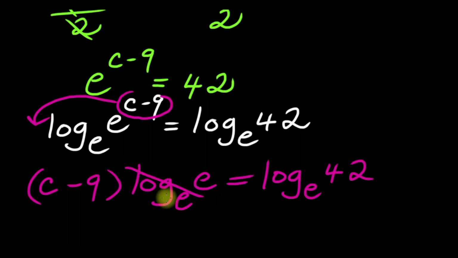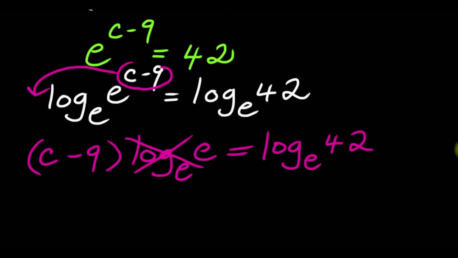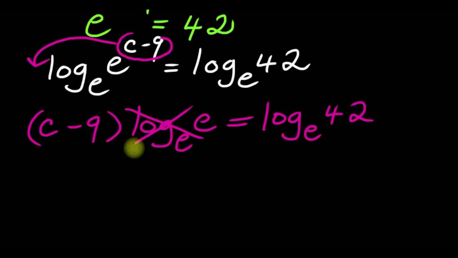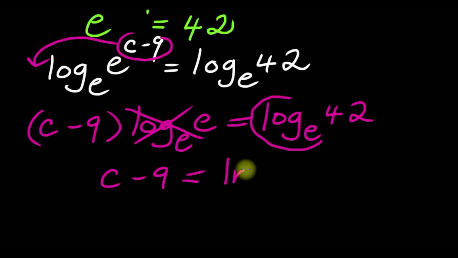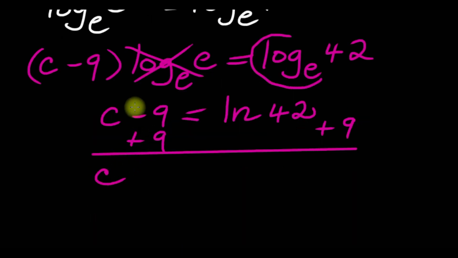And we know that this is going to be 1, right? Log base e of e is 1. So 1 times c minus 9 is just going to stay as c minus 9. Log base e is the same as ln, so ln of 42. And then plus 9 to get the c by itself.